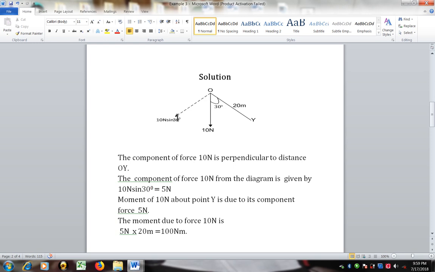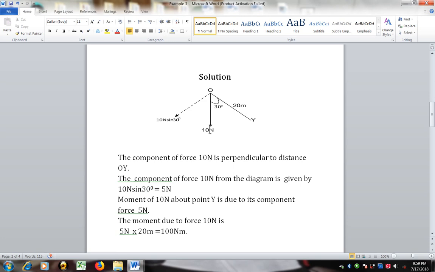When we did that, we obtained 5 Newton. So this 5 Newton is the force which is perpendicular to OY. And the perpendicular distance between this line of action and the fulcrum, point Y in this case, is 20 meters. You just multiply the 5 Newton by that 20 meters, and that gives us 100 Newton meters, which is the moment of force 10 Newton about point Y.